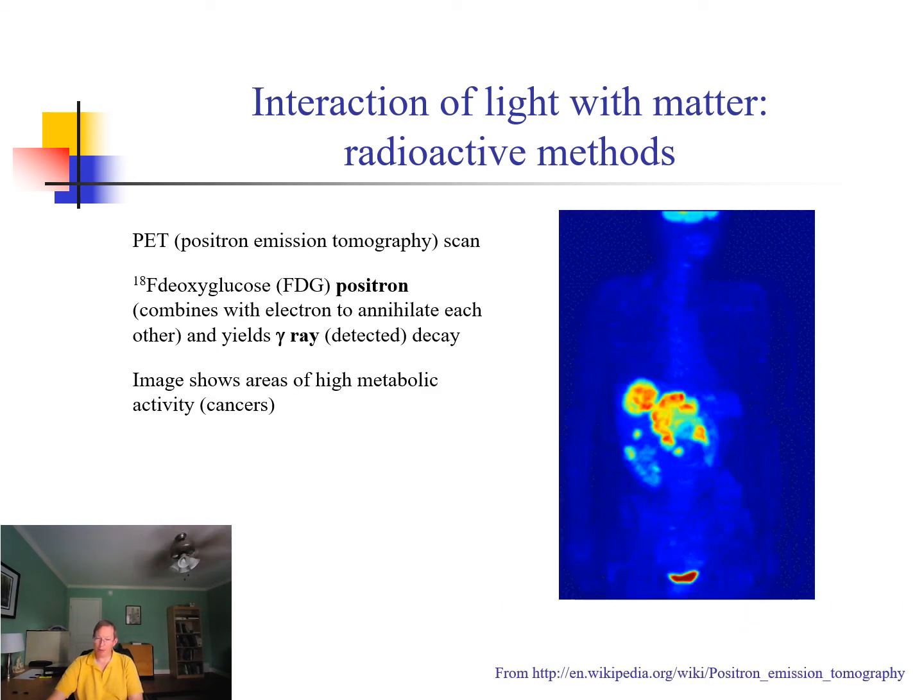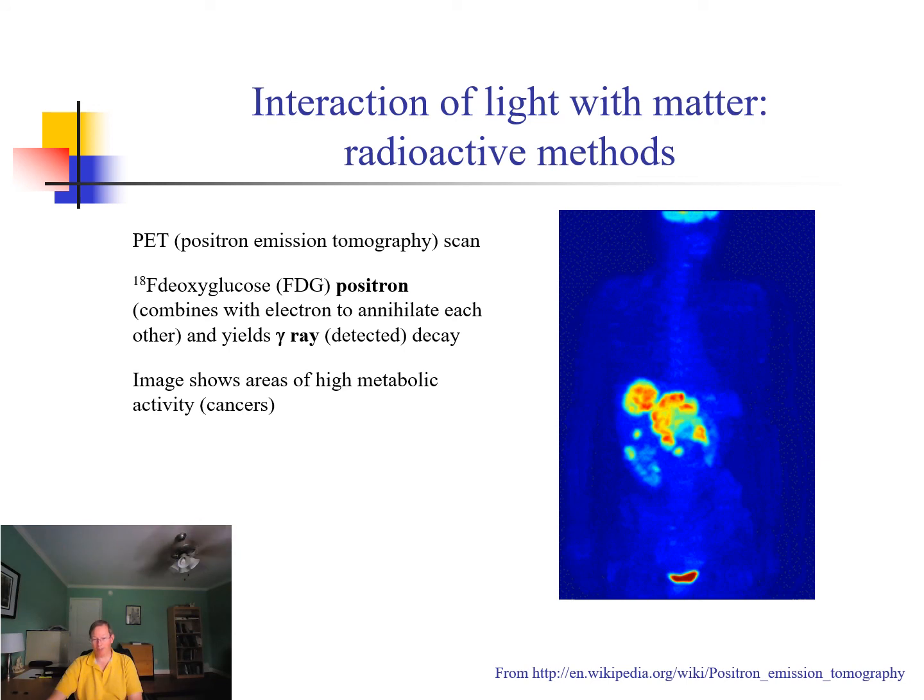Another thing that you may have heard of is called a PET scan, or positron emission tomography. In this case, a radioactive isotope of fluorine, fluorine-18, is attached to deoxyglucose. So this is glucose that basically has a radioactive tag on it, is given, and then it will undergo positron emission.